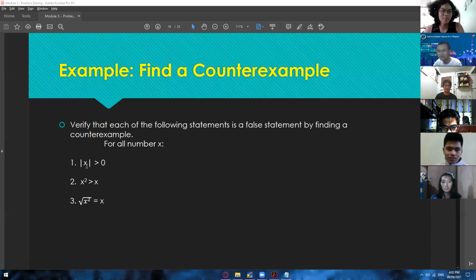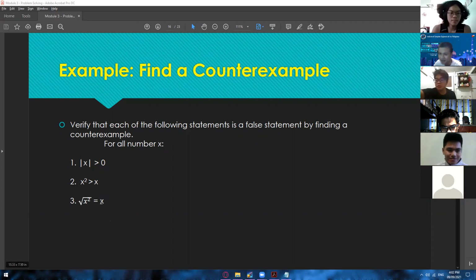So the answer to number 1 is 0. 0 is not greater than 0. How about number 2? Just find one counterexample. 1, sir. Yeah, that's correct. 1 squared is 1, but 1 is not greater than 1. What about number 3?